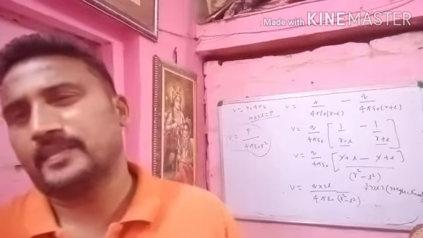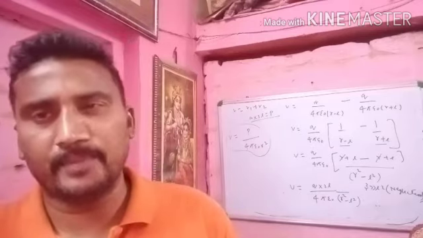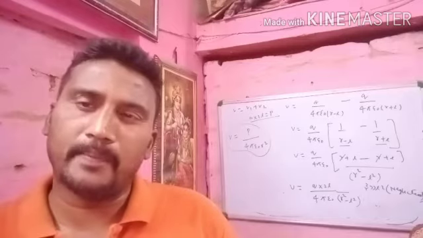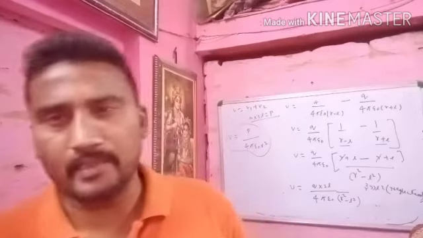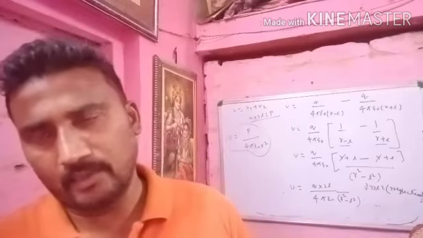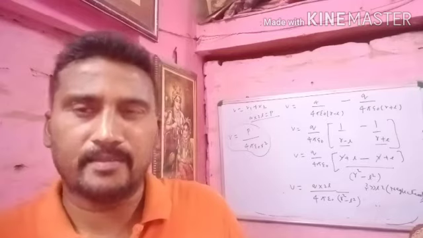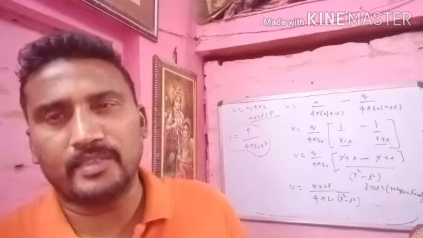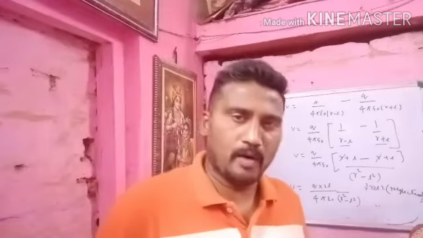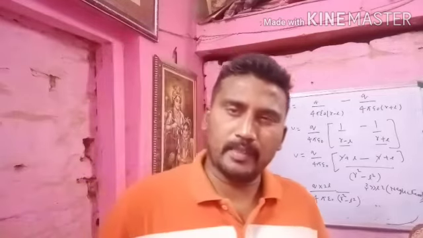We know that for the electric dipole in the axial position, in the AP and BP directions, the potential in the AP direction from the plus q charge is V1 equal to q upon 4 pi epsilon naught into r minus L. In the BP direction, the charge is minus q, so the potential V2 is minus q upon 4 pi epsilon naught into r plus L, and the total potential developed is V equal to V1 plus V2.